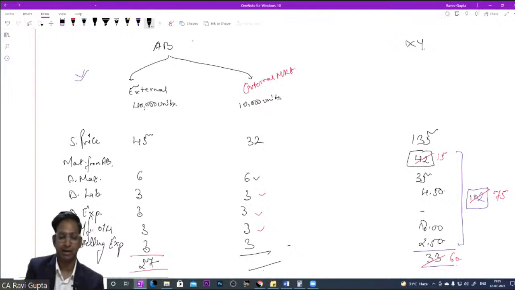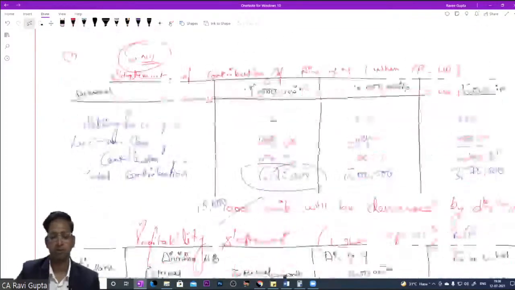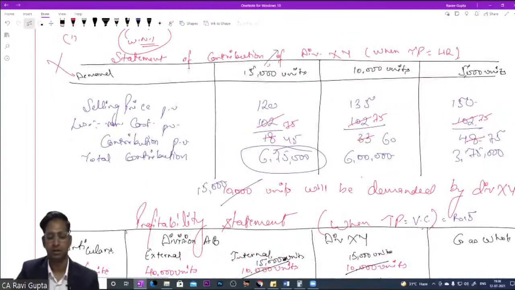And they can directly purchase from the external market at rupees 31. So it is going to change my variable cost and contribution. So this will be the impact. We need not prepare this statement now.